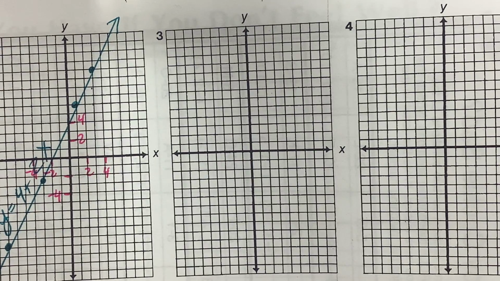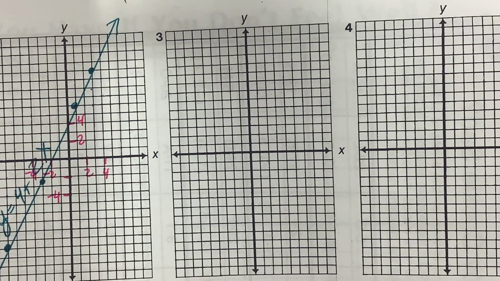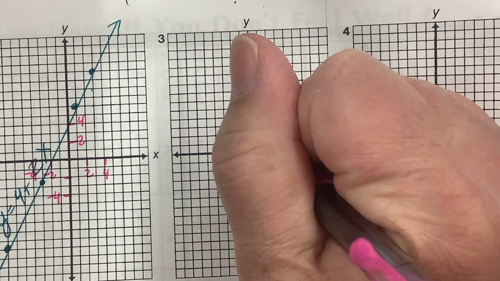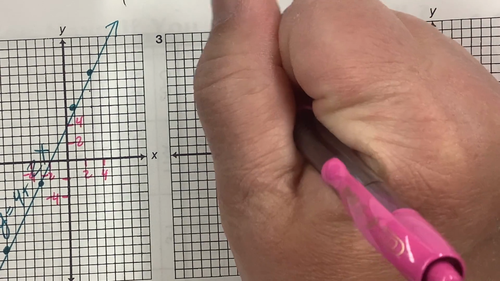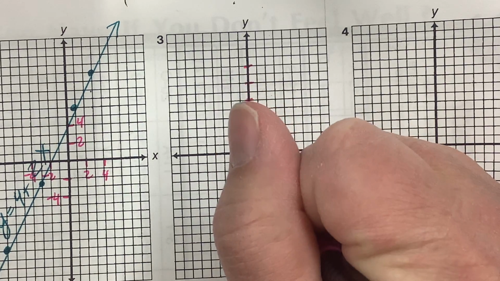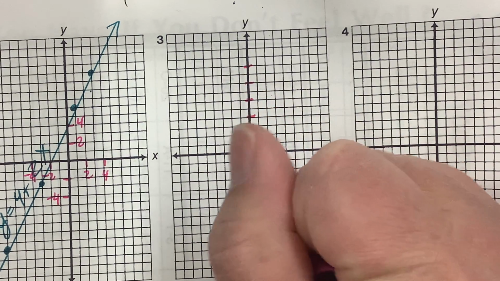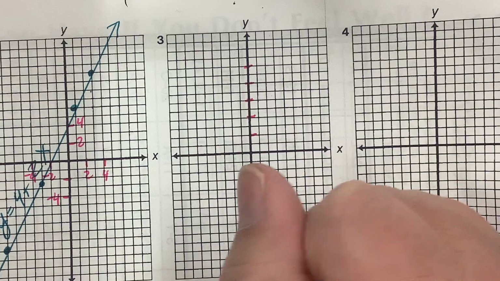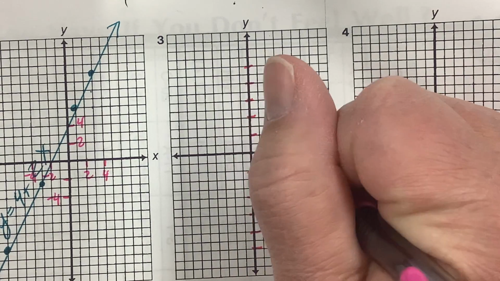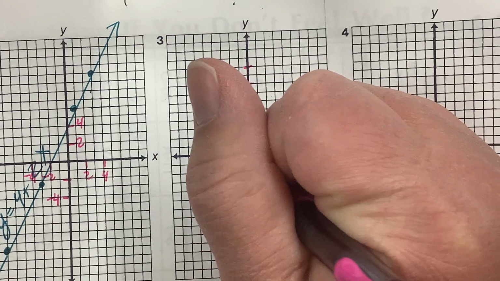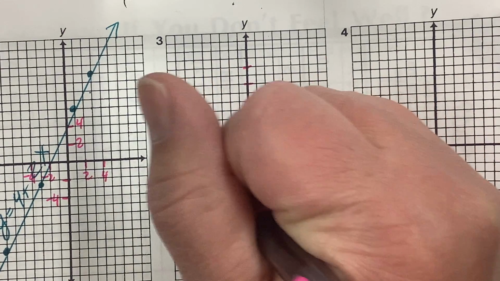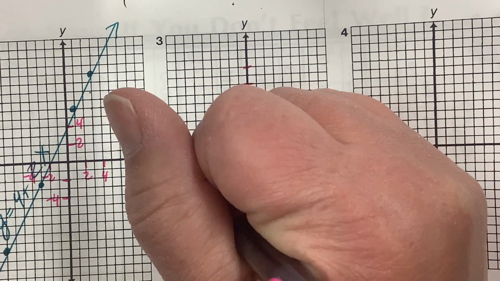Got to put some numbers on these things. All right, here we go. 2, 4, 6, 8, 10, -2, -4, -6, -8, -10, 2, 4, 6, 8, -2, -4, -6, -8.